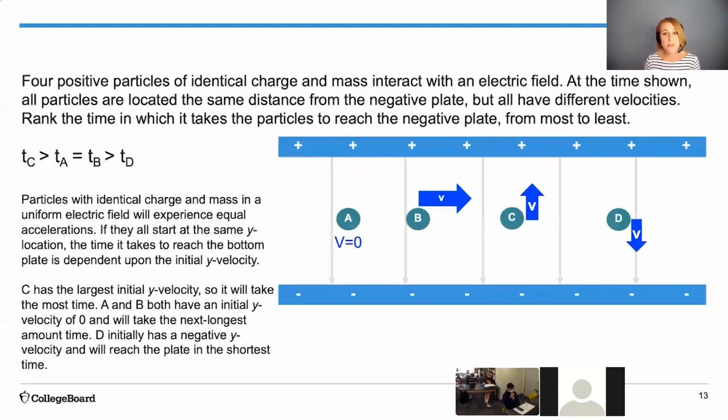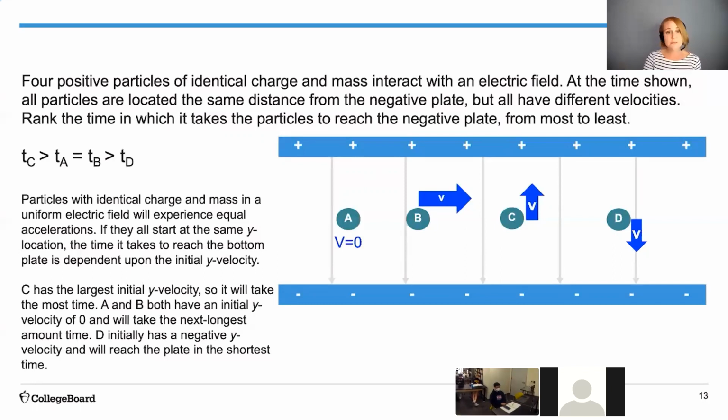Particle C has an initial y velocity that opposes the acceleration that it's experiencing, meaning it's going to take the most time because it has to slow down, turn around, and then accelerate from rest back towards that negative plate. Objects A and B both have an initial y velocity of 0, meaning they are accelerating from rest towards that negative plate. Object D is already moving in the direction of the negative plate with an acceleration in that direction as well. So it is going to take the least amount of time to reach the negative plate.